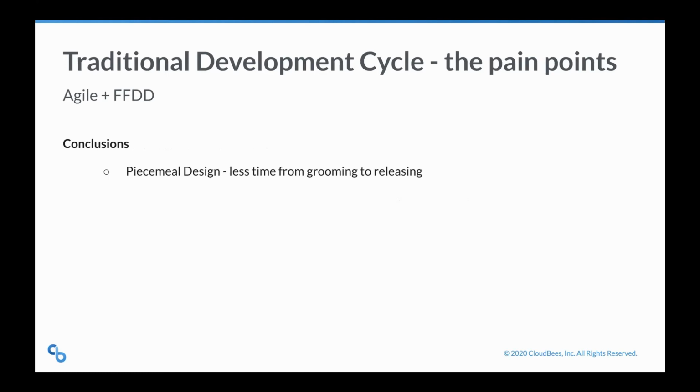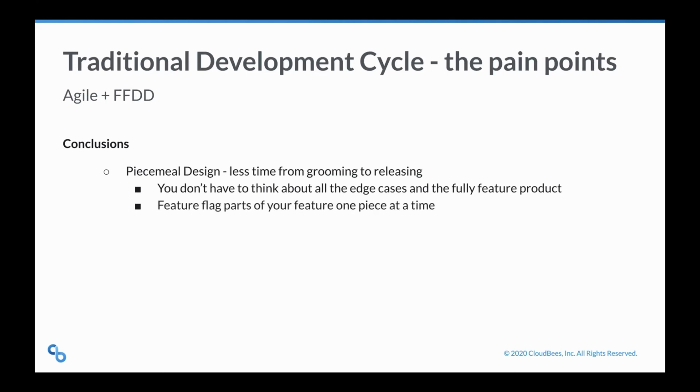The time from grooming to releasing is substantially reduced. You don't have to think about all the edge cases of the fully featured product. You can feature flag part of your features one piece at a time.